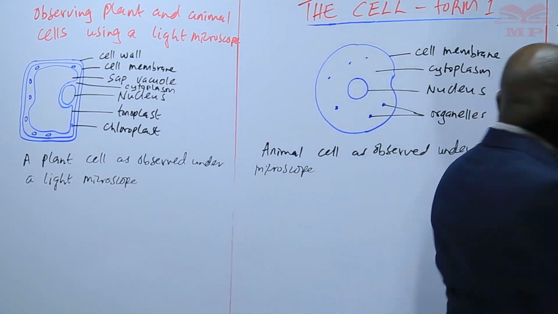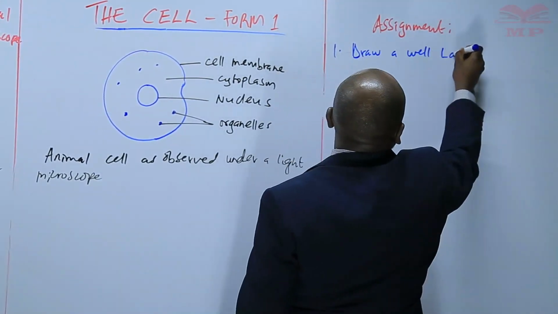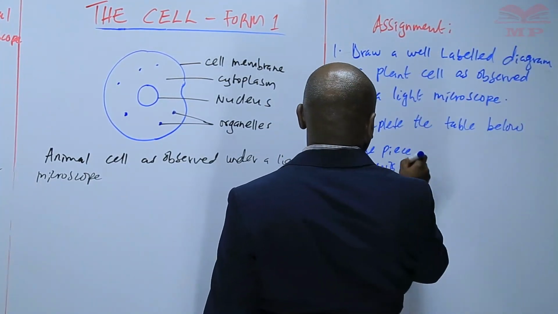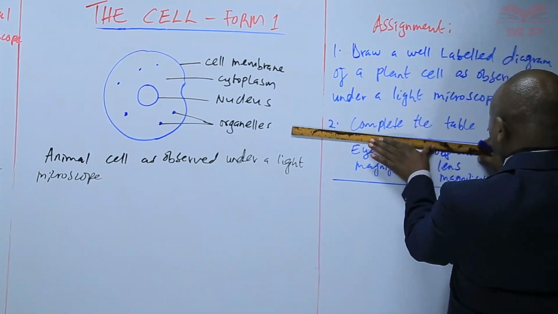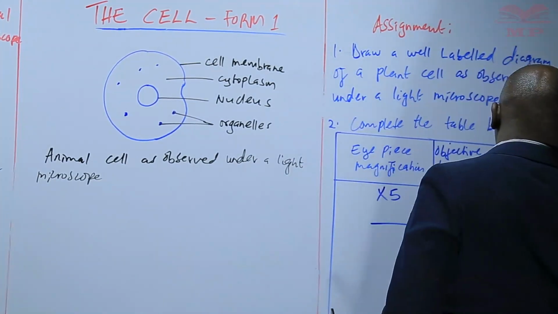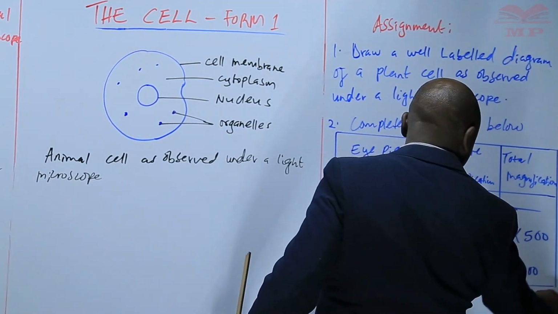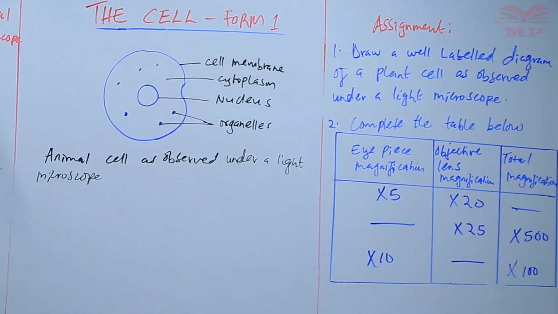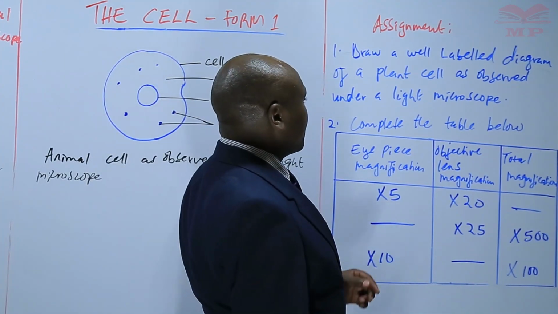So our today's assignment. The first question, draw a well-labeled diagram of a plant cell as observed under a light microscope.